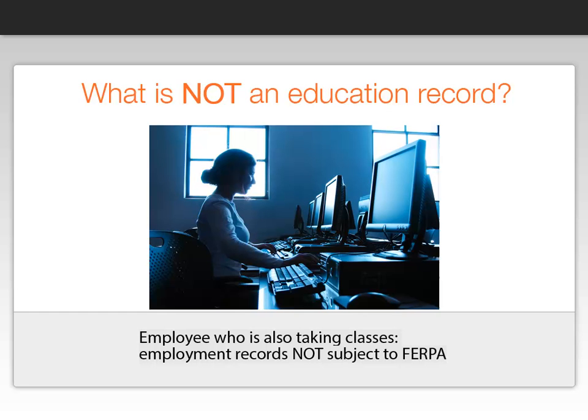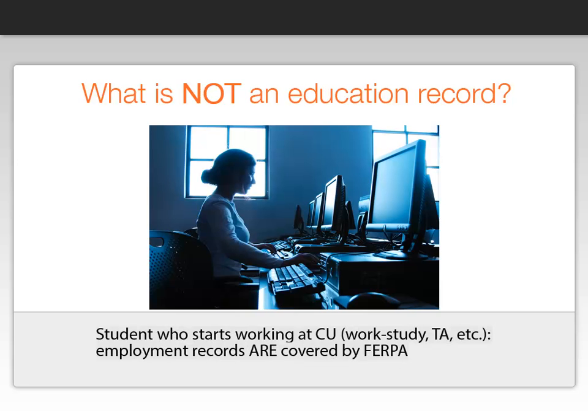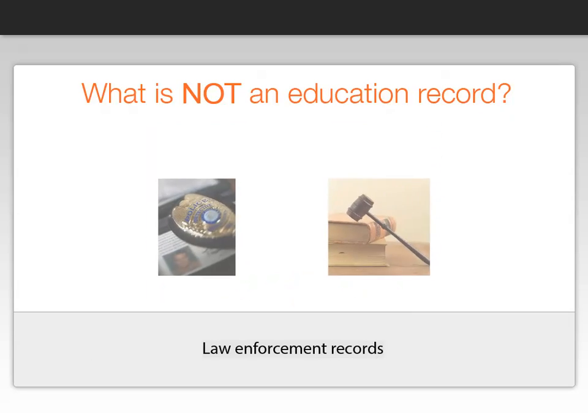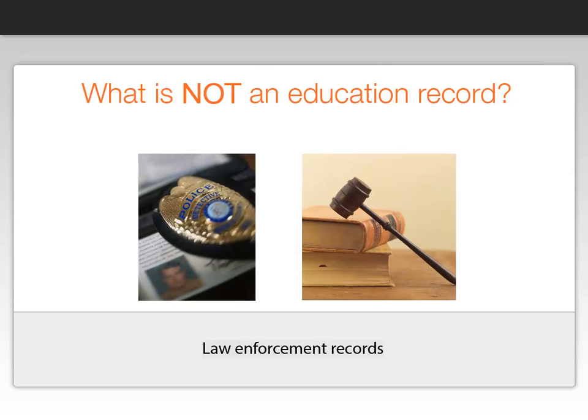Employee records depend upon the primary affiliation of the student. If an employee of the university is also taking classes, their employment records are not subject to FERPA. If a student also begins working on campus, such as in a work-study job, their employment records are covered by FERPA. Law enforcement records created by and for the law enforcement unit are not covered by FERPA.